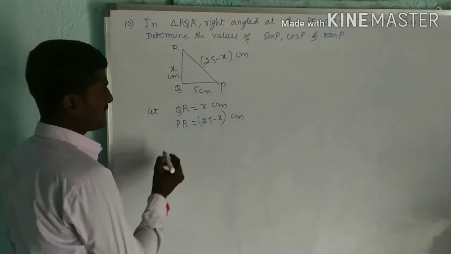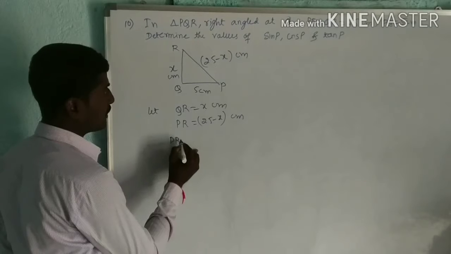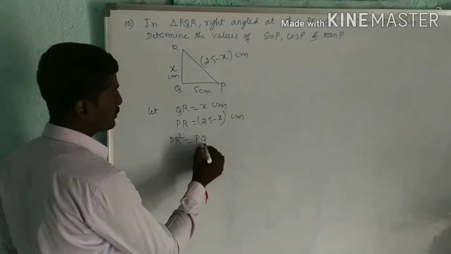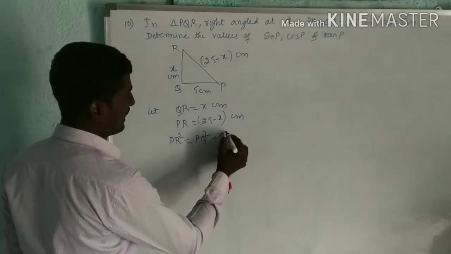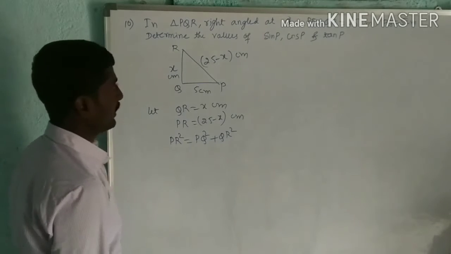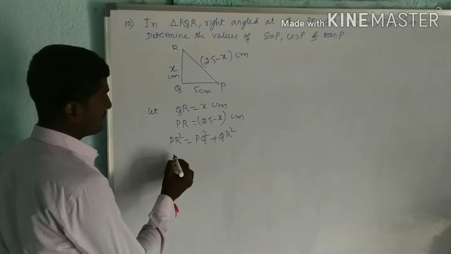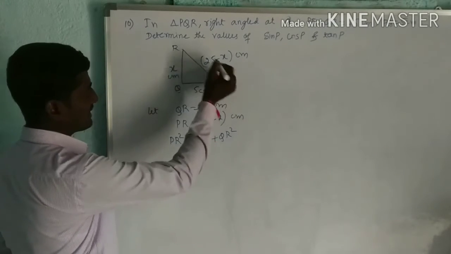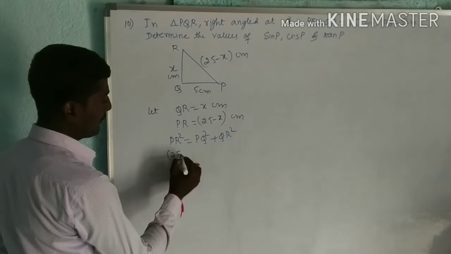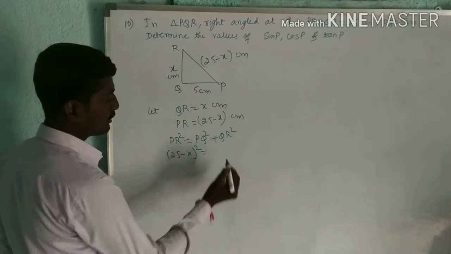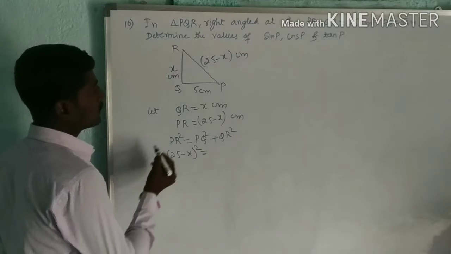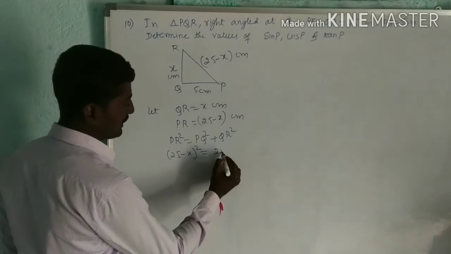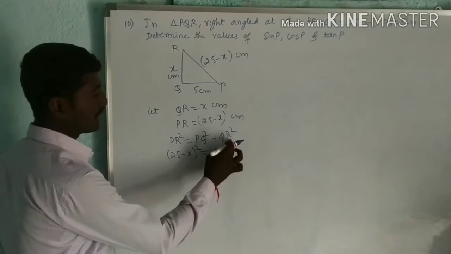Let us apply Pythagoras theorem. PR square is equal to PQ square plus QR square. Now PR square, let us substitute the values. PR square, that is (25 minus X) square is equal to PQ square. PQ is 5 square, that is 25 plus QR square.